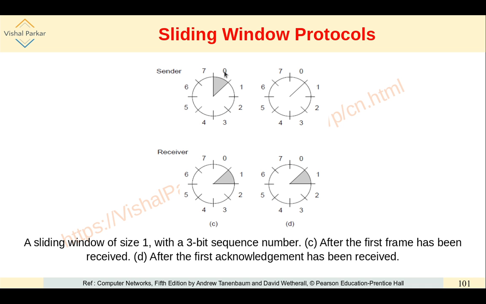That means once again it is waiting for the acknowledgement of the 0th frame. Figure C also indicates that the receiver has received frame number 0. That's why the receiver has simply advanced the receiving window to indicate it is now expecting frame number 1 from the sender. So the window has been taken next.